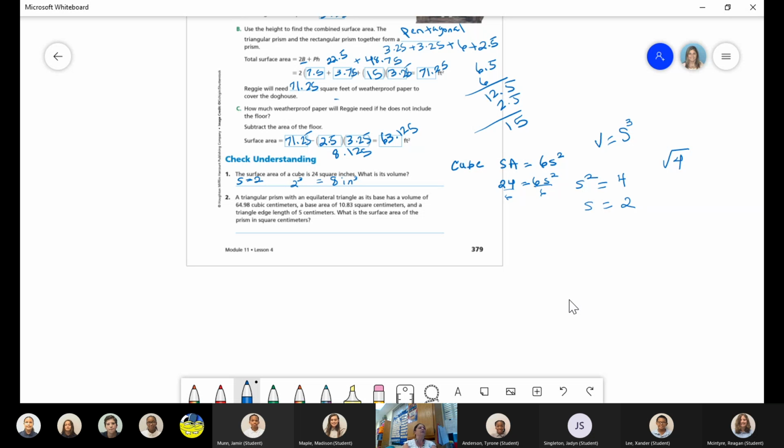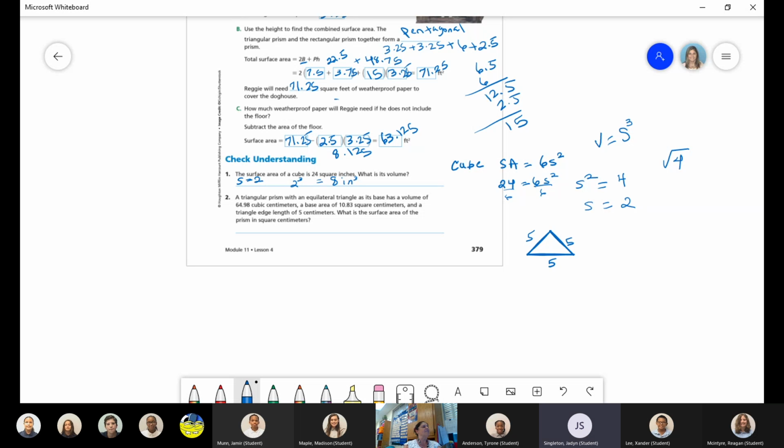So a triangular prism with an equilateral triangle. That means that all of my sides are the same. So 5, 5, and 5. That's what that means.